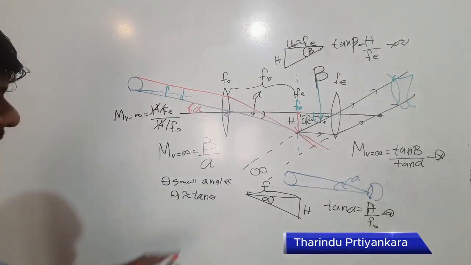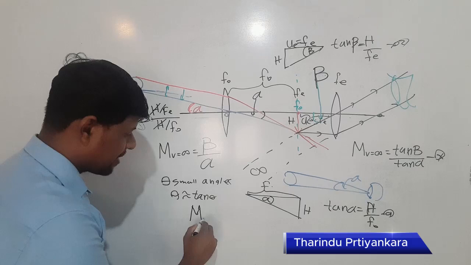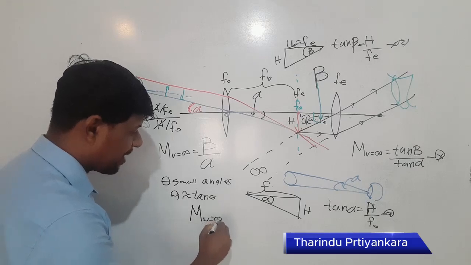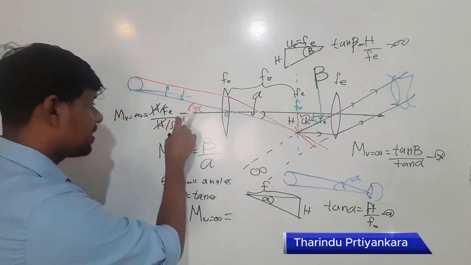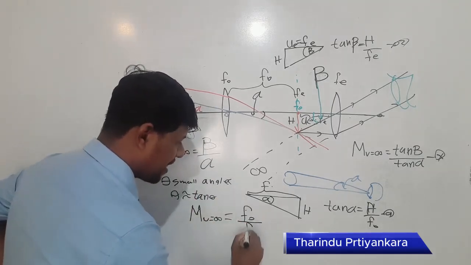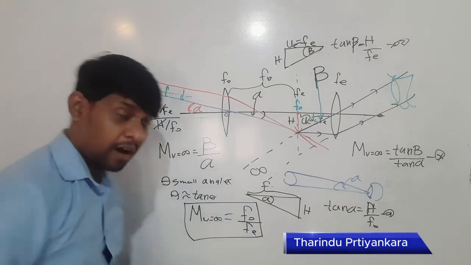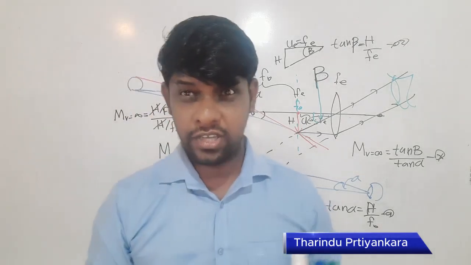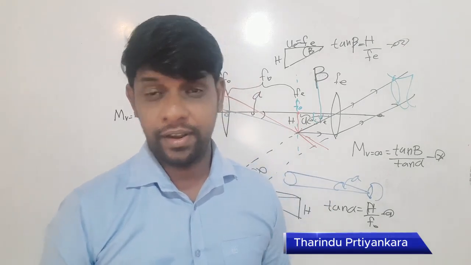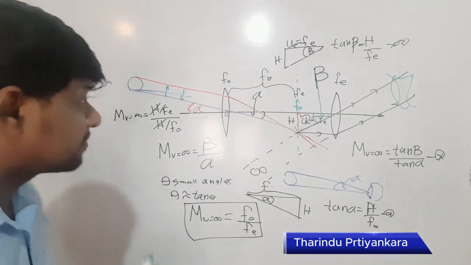So finally, my final equation is going to be M at infinity equals F naught comes up, so F objective over Fe. This is for the first case scenario. I will make a separate video for the second case scenario. I don't have any intention of lengthening this video.